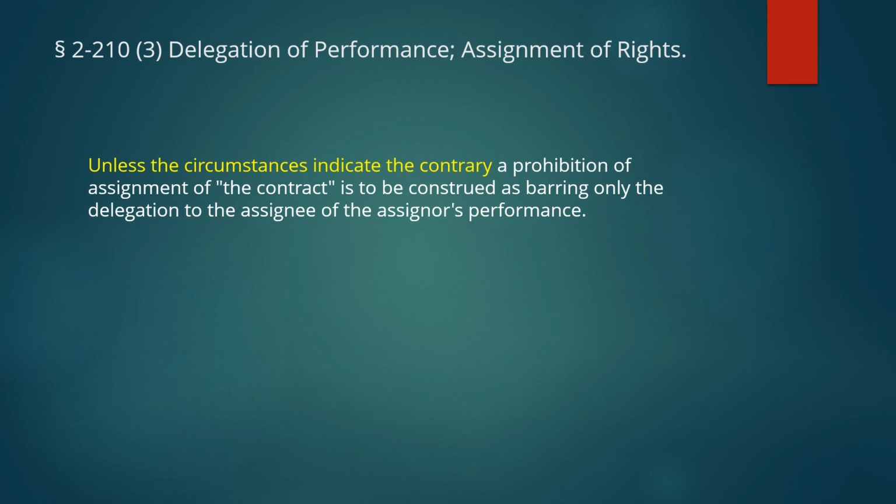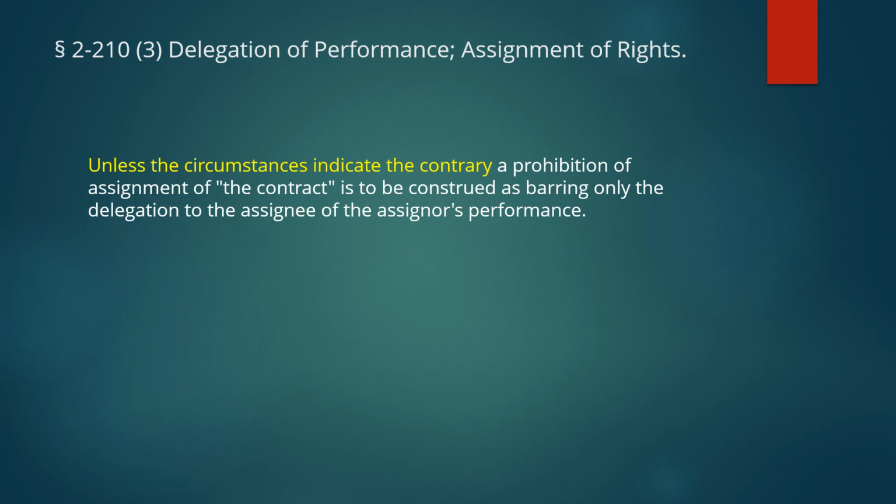But if it says that you cannot assign any rights to the contract, that's going to be interpreted as only a prohibition of delegation of duties, okay? So you have to remember that delegation of duties has to be specifically stated if you want to prohibit the delegation in a contract by using an assignment clause.